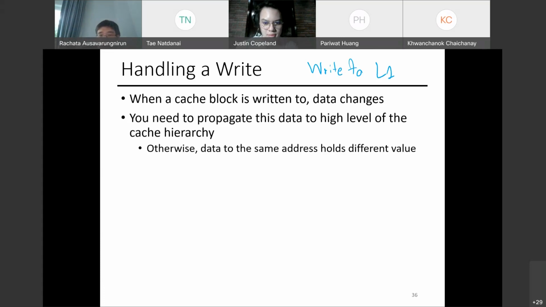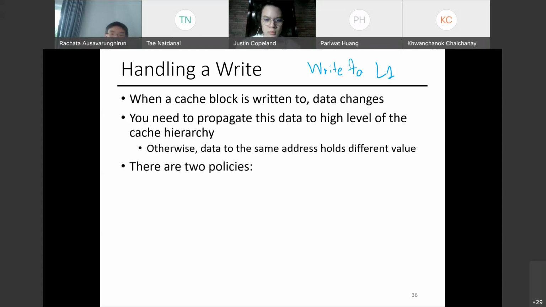I need to make sure I have the updated data on all levels of my cache when I do the write. Otherwise, the same address will hold a different value.